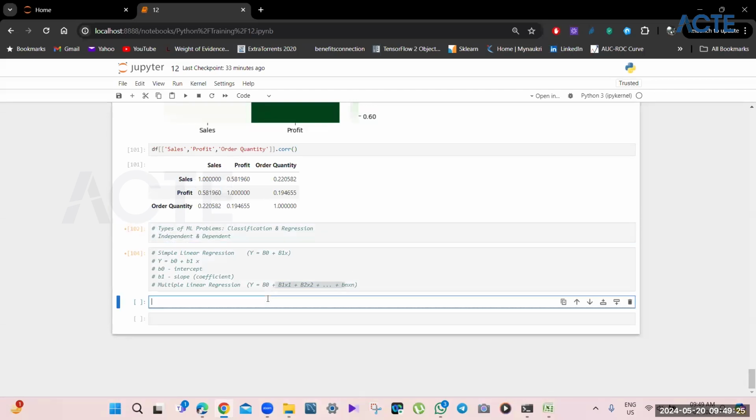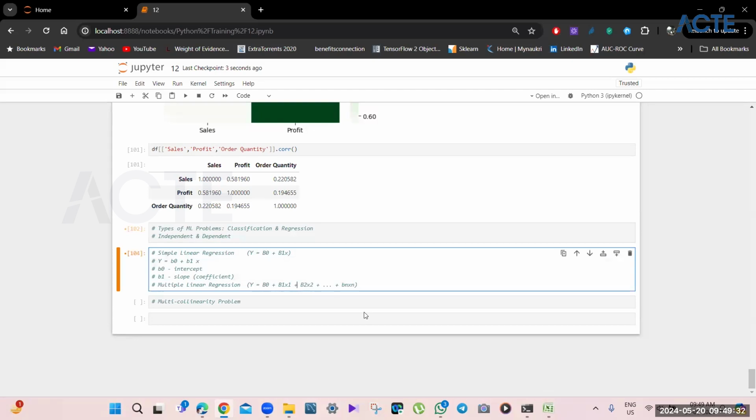Now, the important thing, multicollinearity problem. What is that? So we have seen correlation, how much one variable is correlated with the other variable. Now, these variables x1, x2, x3, they have a correlation with y, which is a good thing. That means individually they all are connected.